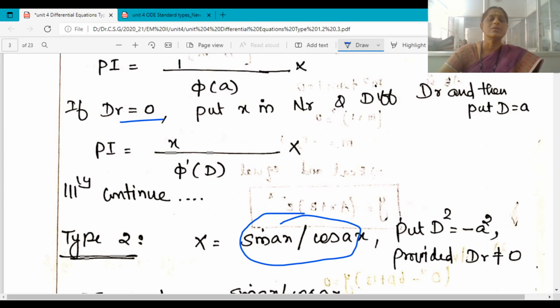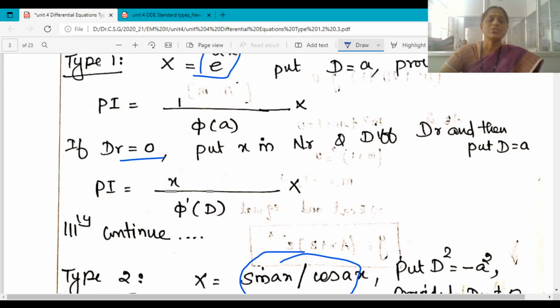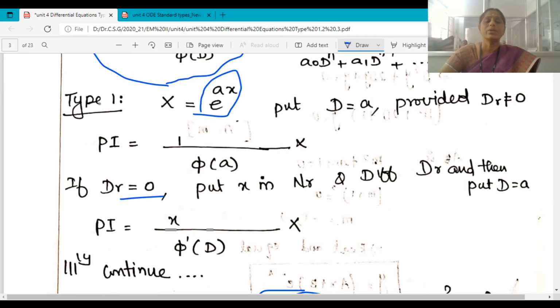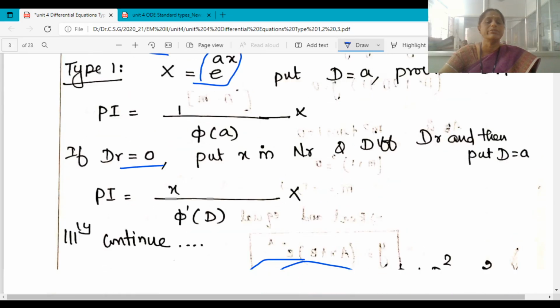To avoid this, first put x in the numerator and differentiate the denominator with respect to D, giving x by φ'(D) into e^(ax), and replace D by a. Similarly it continues until we get a denominator not equal to 0. This is the way we find the particular integral for an exponential function.